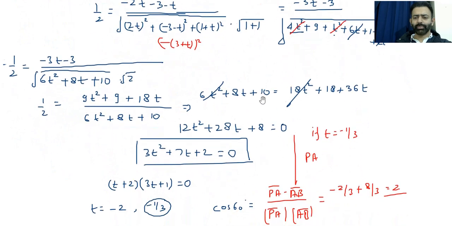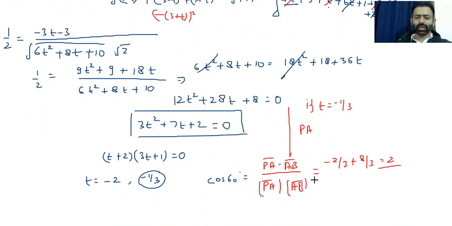So my point is that cos 60, which is half, if you take the dot product of this, you will get a negative value corresponding to minus 1/3. So you will reject this minus 1/3 and you will accept t equal to minus 2. Out of the two values of t, you just be alert, because it was mentioned in the question that you have to reject one, right?